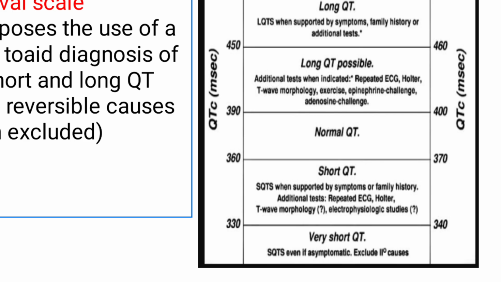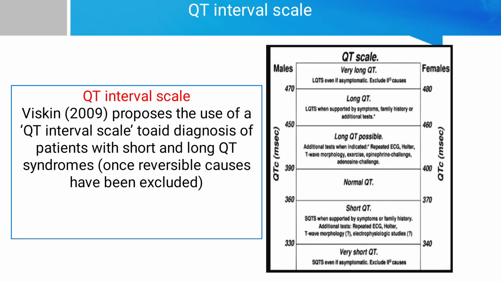When this is supported by symptoms or when there is family history, we have to do additional tests like repeat ECG, Holter, T wave morphology, and electrophysiological studies may be needed at times. And a very short QTc is when the QT interval is less than 330 in males and 340 in females, and even if the patient is asymptomatic, we have to rule out the secondary causes.